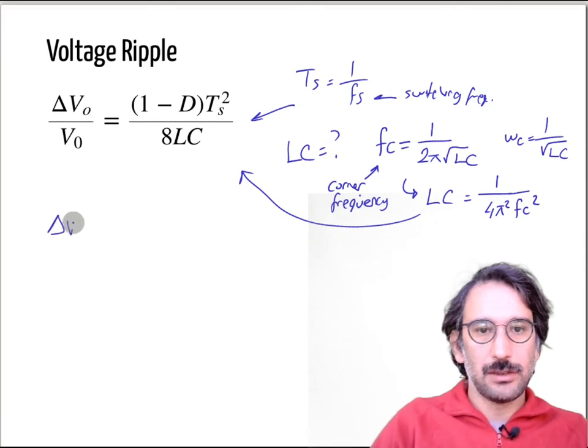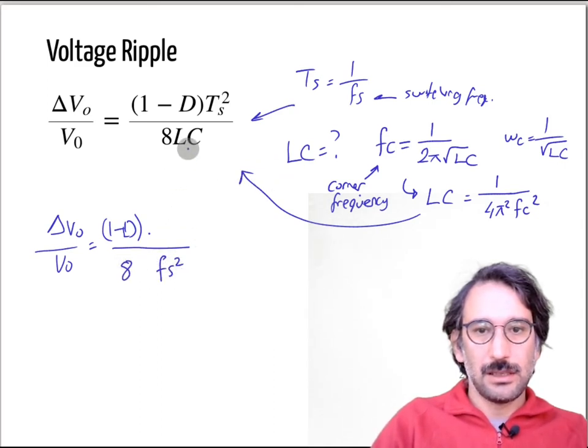So we will have delta VO divided by VO equals (1 minus D) over... Fs² comes here, we have 8. In terms of LC, I will write that one: this is 1 over 4π² Fc², so it will go up, so 4π² Fc².